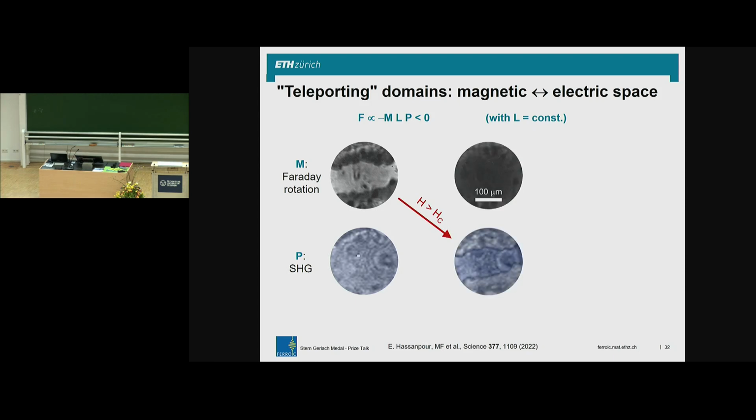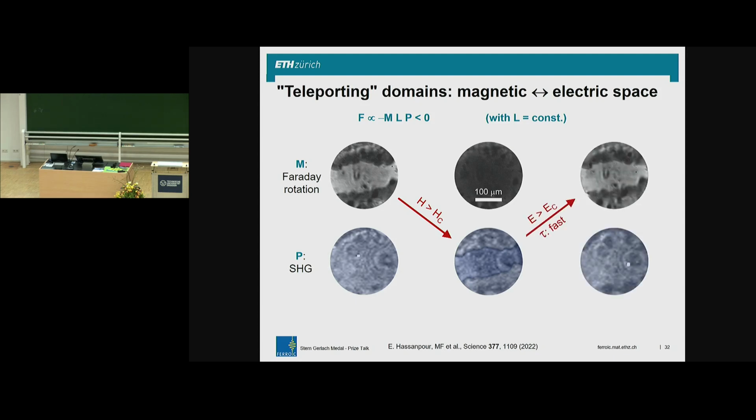And then you apply an electric field pulse that makes your sample ferroelectrically single domain again. Magnetization compensates, the domain pattern jumps back to magnetization space. So we called that jokingly teleportation of domains from magnetic to electric space because you don't duplicate. You destroy here and you recreate there. That's exactly what teleportation is about.